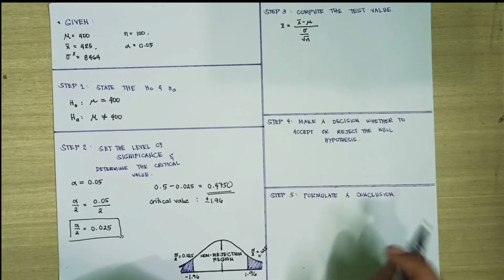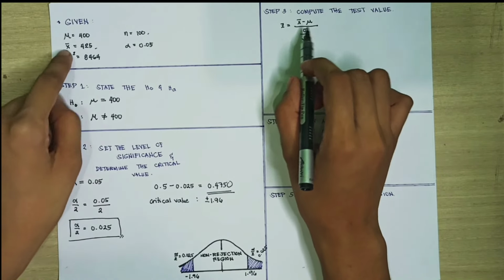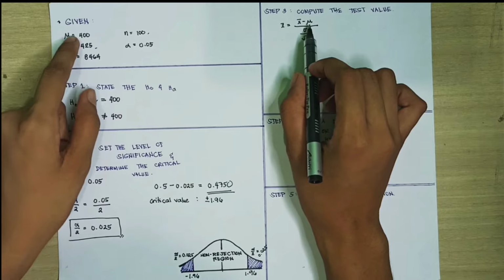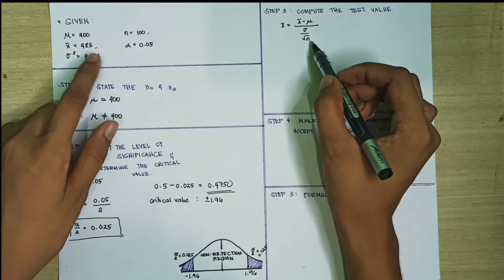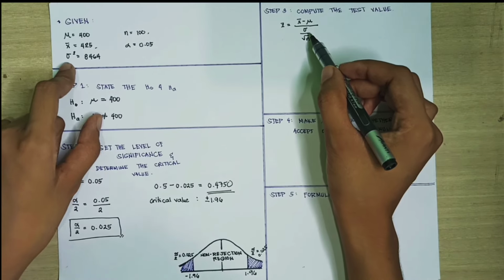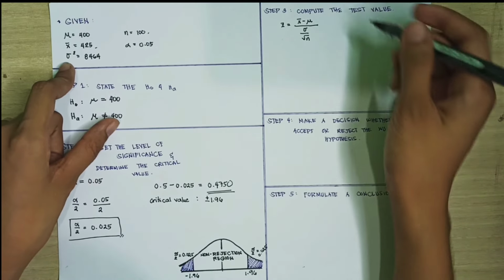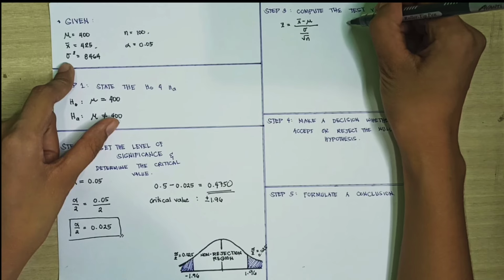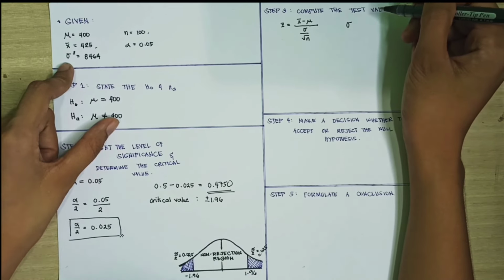Okay, so check natin yung given. Meron tayong x bar, yes po. Meron tayong population mean. Meron na tayong n. Pero wala tayong sigma. Ang meron kasi tayo dito is variance. Wala tayong standard deviation. Ibig sabihin, kailangan mong kunin yung standard deviation.